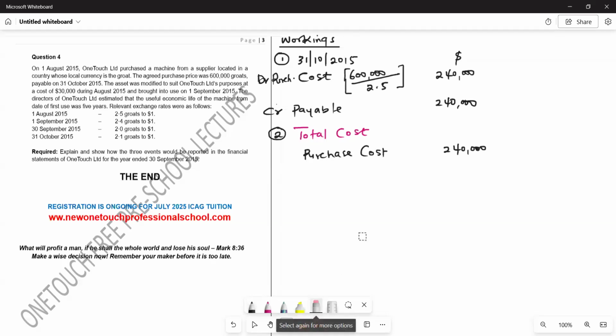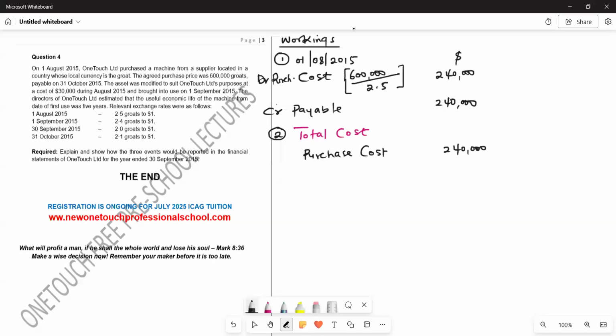I want to find out whether it was acquired on 31st October. No, it's 1st August, right? It was the payment that they said 31st October. Okay.